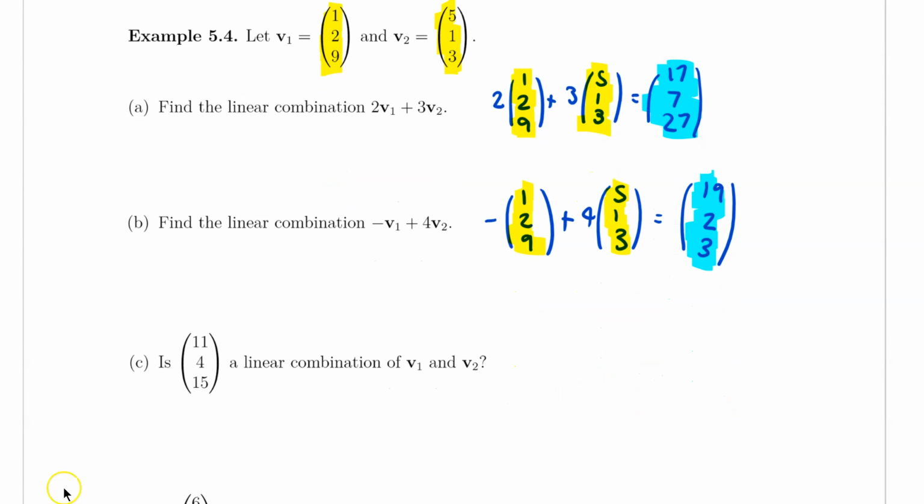I'd like to find out if this vector, now my blue guy, is a linear combination of v1 and v2 in particular. If I go back to the definition, the blue guy is a linear combination of the yellow guys if I can find numbers a1 and a2 such that the blue guy is a1 times this yellow guy plus a2 times this yellow guy.